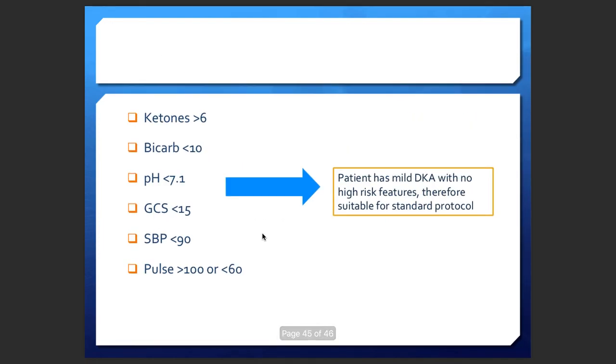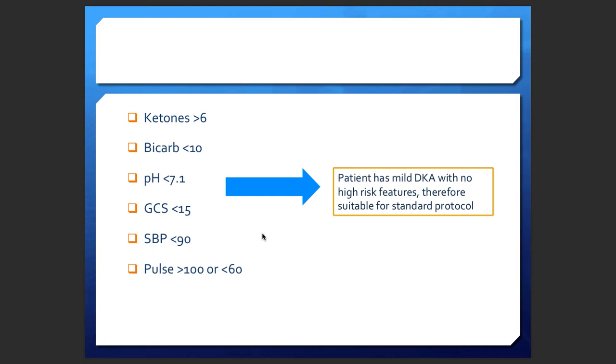Okay. So what happens is, as I had already said, whenever such a patient comes, always try to look out for the clinical signs and symptoms. In fact, the first thing to do is to classify such patients. What severity of DKA is it? Mild, moderate, or severe?